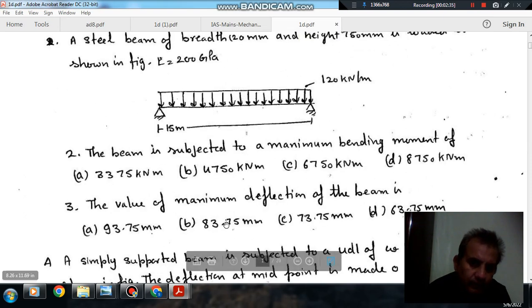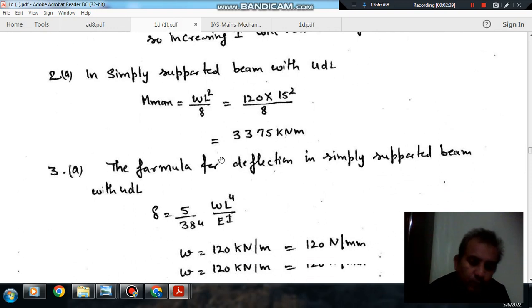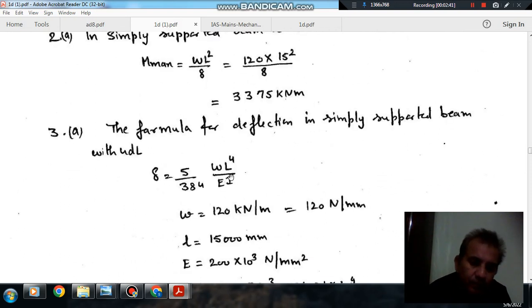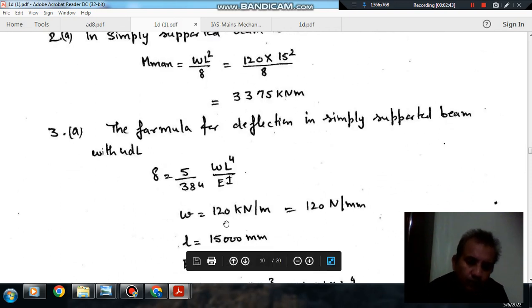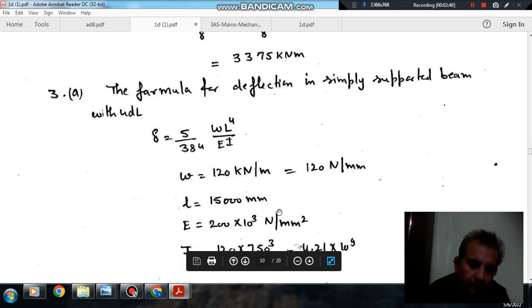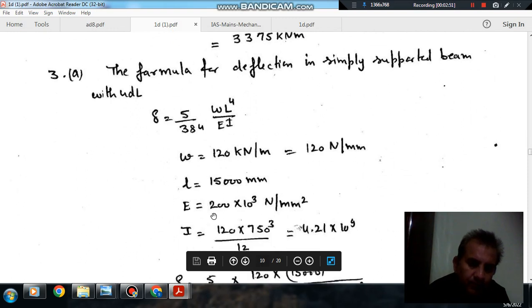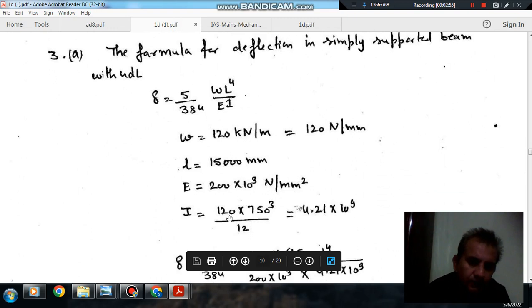Now we have to find out the maximum deflection. The formula for maximum deflection in case of UDL is 5 by 384 WL⁴ by EI. W is 120 kN per meter or 120 Newton per mm, L is 15,000 mm, and E is 200 into 10³ Newton per mm². I is 120 into 750³ by 12.